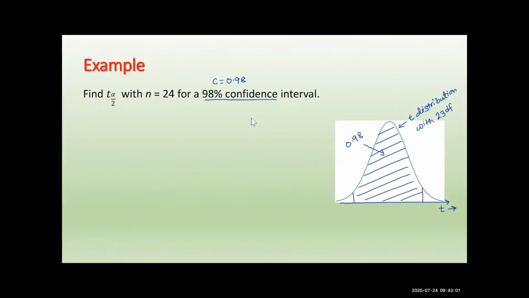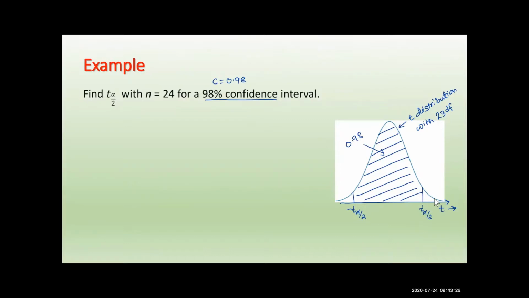So these values here, this is T alpha over 2. And the value on the other side, that is negative T alpha over 2. Because we are calculating this T alpha over 2, we need the entire area to the left of that. So I need the area on the tail. So let's find the area on the tail.